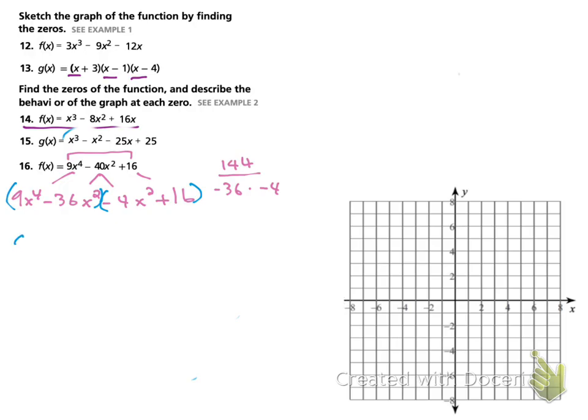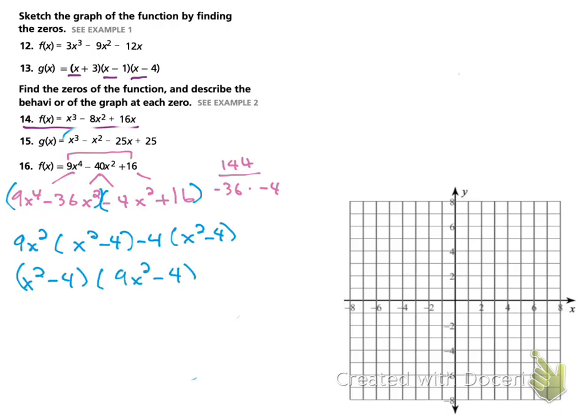GCF of that first group is 9x squared, which leaves you with x squared minus 4. GCF of that second grouping is negative 4, which leaves you with x squared minus 4. So those factors are x squared minus 4 and 9x squared minus 4.